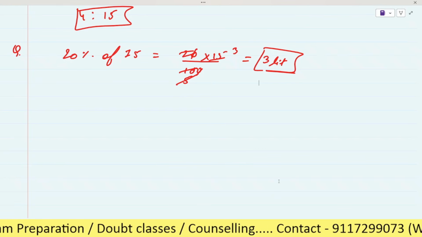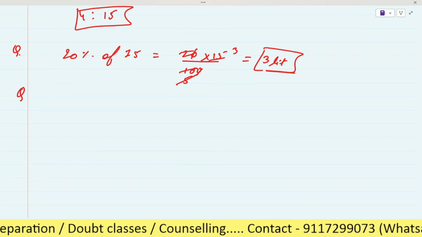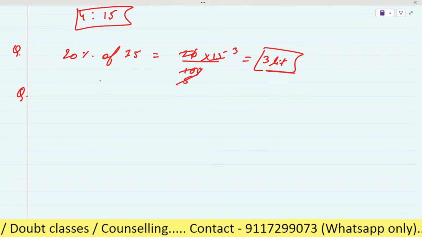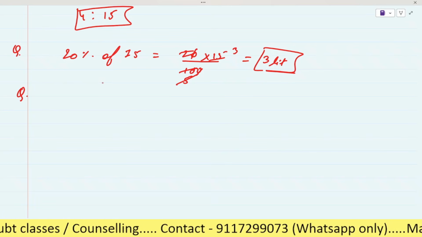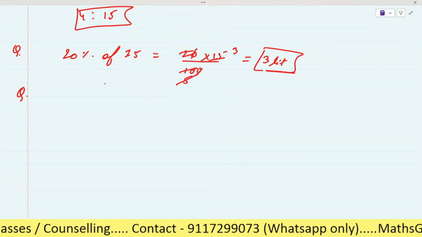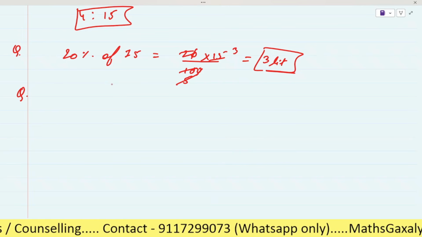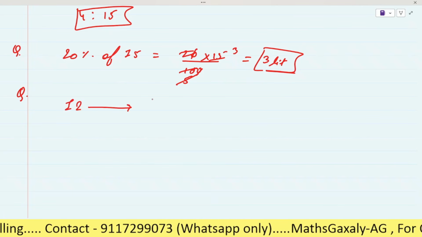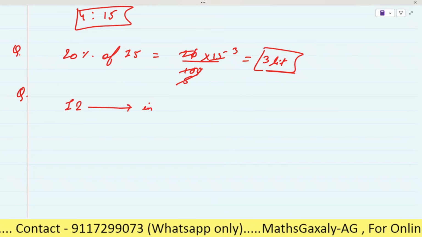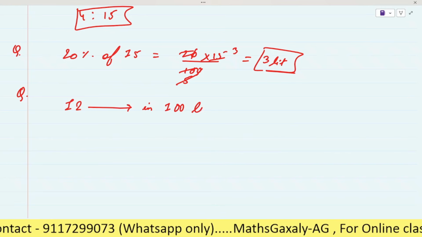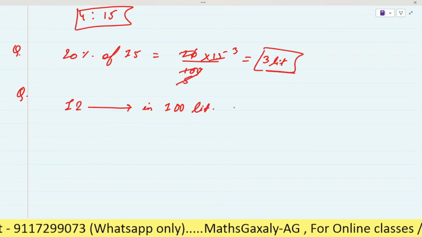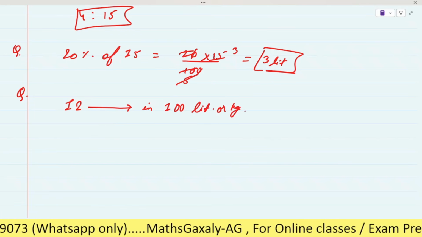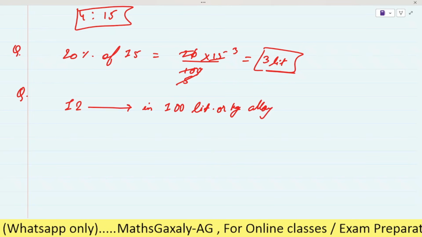Okay, got it. The same thing you can do by the trick. Let's see here. As here it is 12% of the copper, right? To get 69 kg of copper, how much alloy will be required? So suppose that it is 12 kg in 100 kg of alloy.